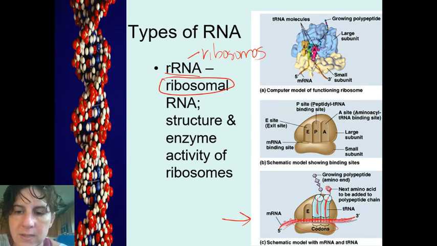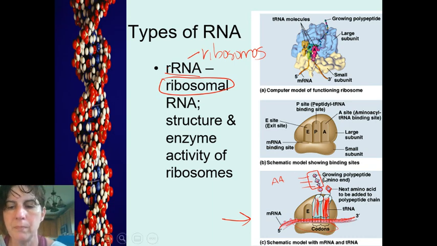So this tRNA that's right here is going to specify only a specific amino acid. This one specifies a completely different one. And it's the job of the ribosomes to start hooking those amino acids together. So you can see that this chain of amino acids, there were tRNAs that brought in that one, and then brought in that one. And once they get hooked together, the tRNA just leaves. It's done its job.